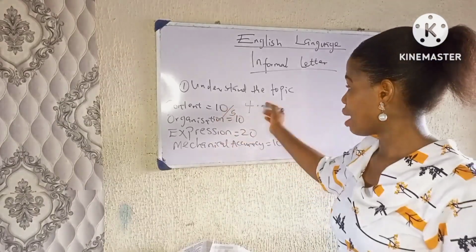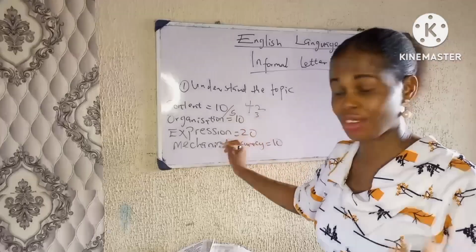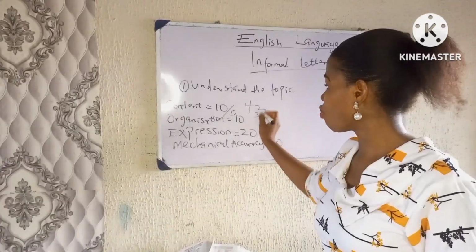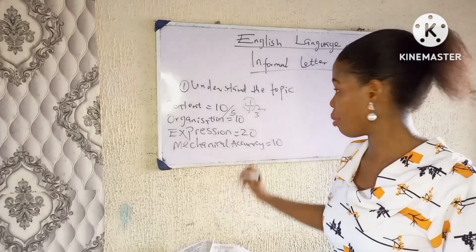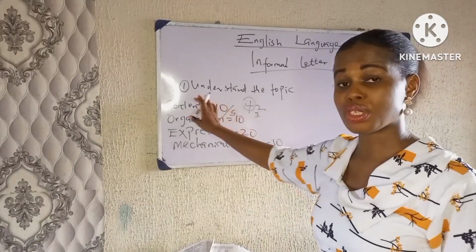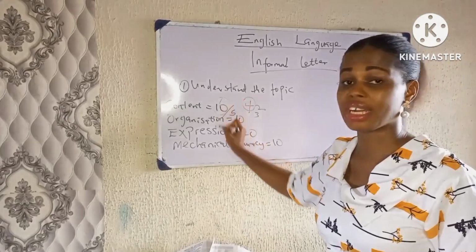So that means the person may score 2 over 10 or 3 over 10, but the person cannot score above 4 under content. But someone that covers the two parts will be judged over 10.